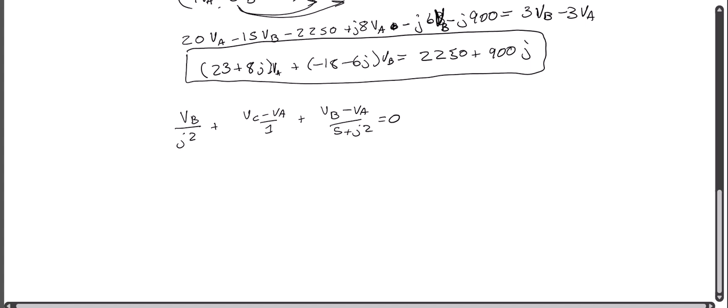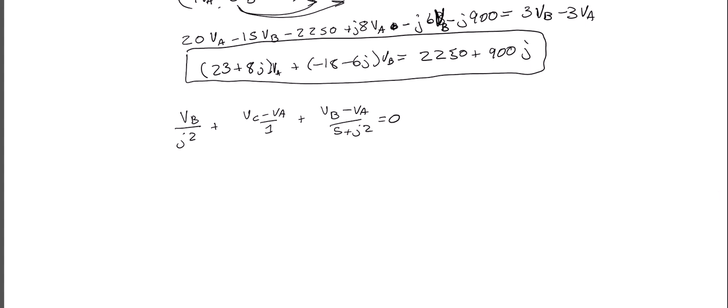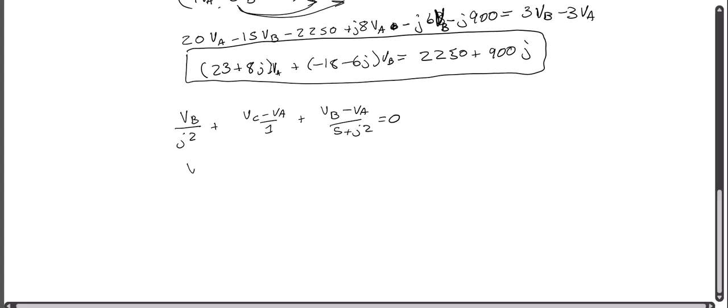Again, I'll replace VC with 150 plus VB. So this is VB over j2 plus (VB plus 150 minus VA) plus (VB minus VA) over (5 plus j2) equals 0.